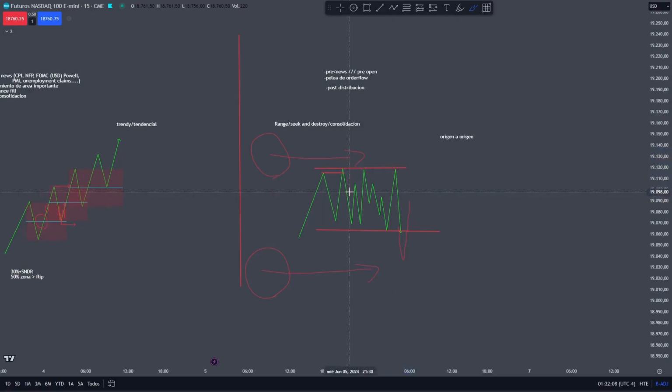Those are the ways to operate in this type of consolidated market. I will mandatorily wait for a sweep close to the origin in one of the two directions.